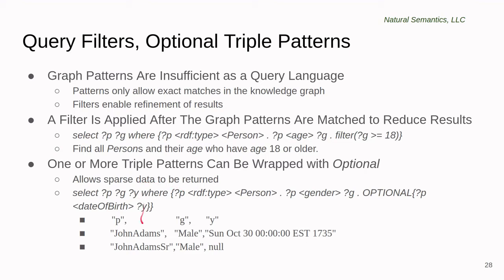If I queried my instance data from the previous exercise, I would get John Adams as a male, and this is his date of birth. I would also get John Adams Sr. as a male, and no date of birth is known, but rather than exclude this triple because it doesn't match, I get a null in my tabular result because there is no value.